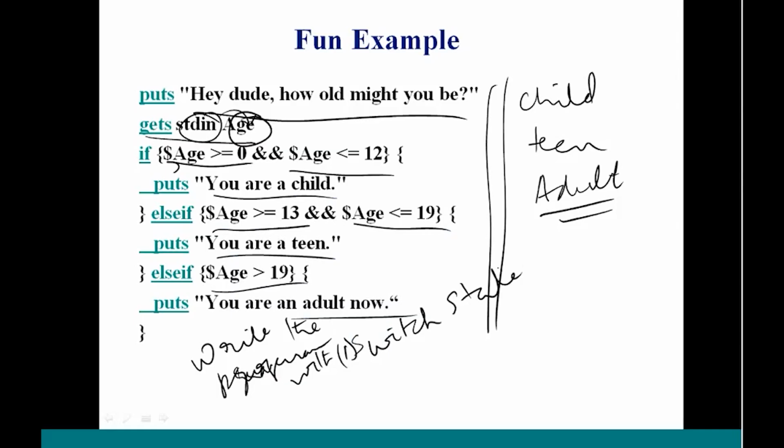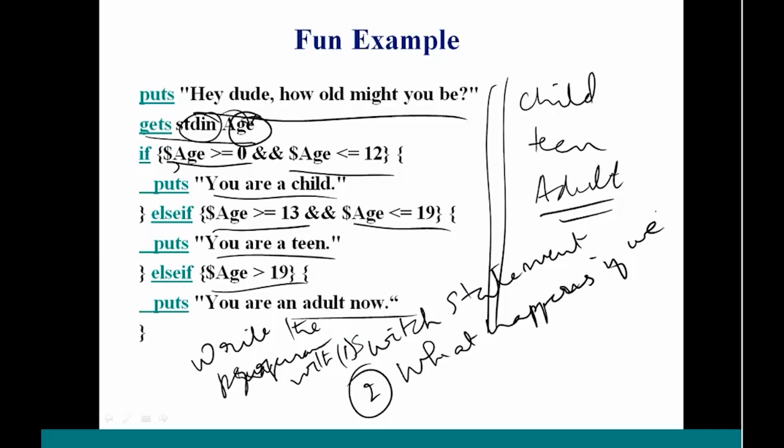Number one, switch statement, and number two is what happens if the input age is less than 0, and then how can you make it robust?